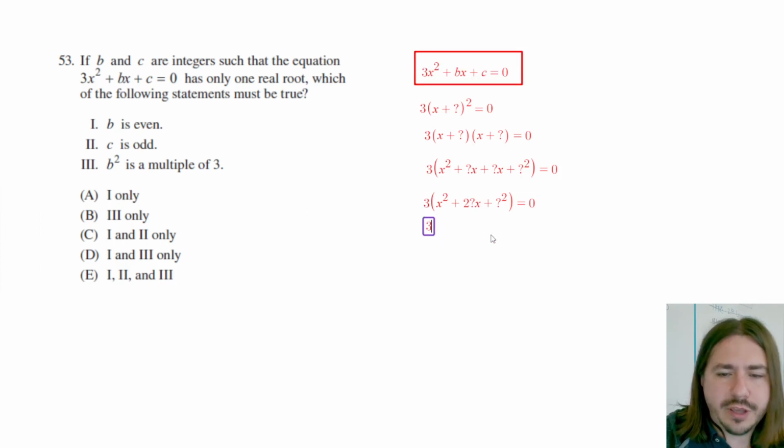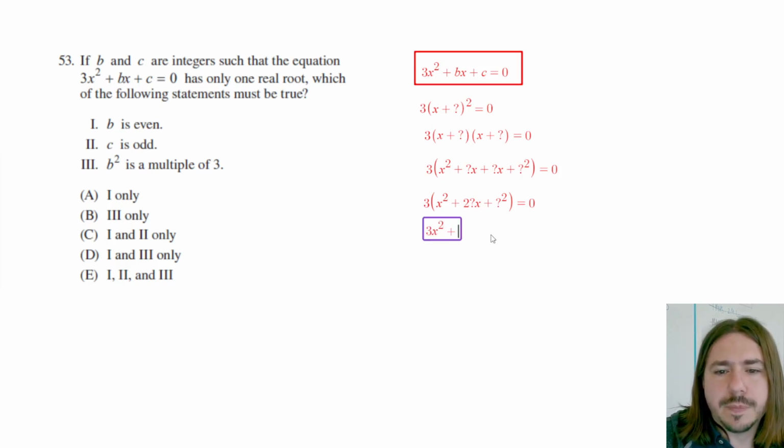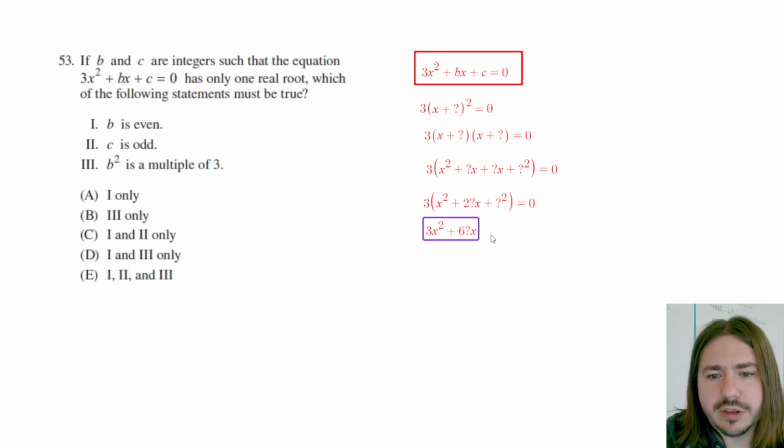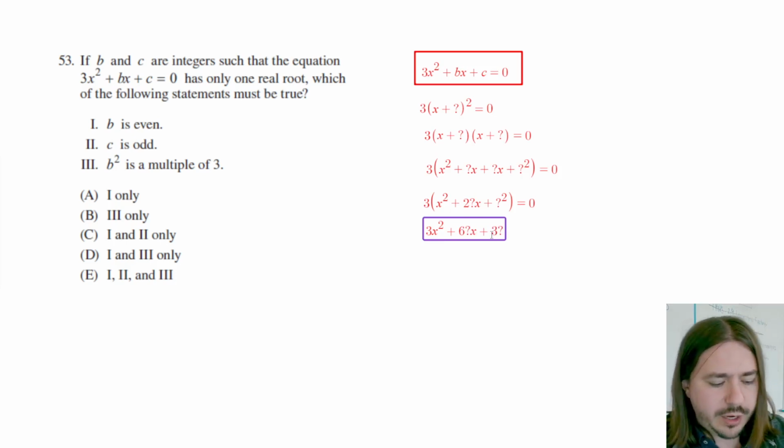So I've got 3x squared plus 3 times 2, which would be 6, so 6 times whatever that question mark is, x, plus 3 times that question mark squared.